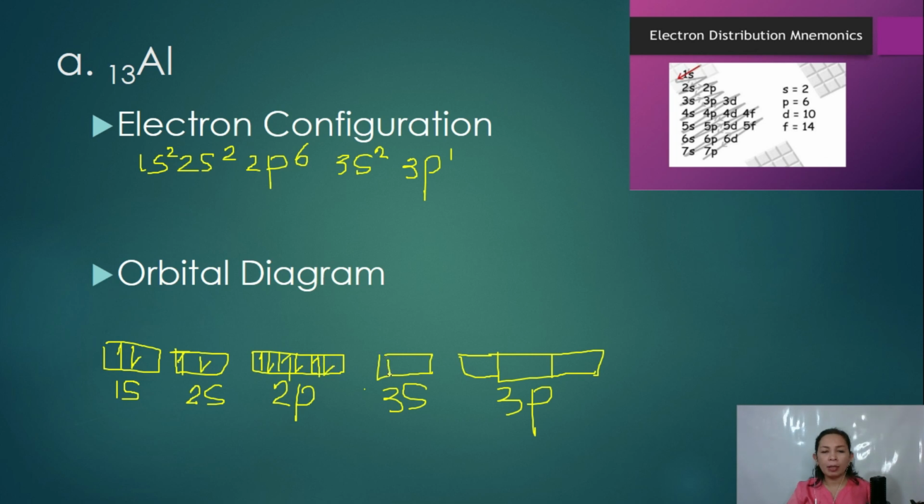And then in 3s, we have 2, and then we only have 1 in 3p, so we have to write it in the first orbital, not in the middle, not in the last. It should be in the first orbital. Okay, so far this is the orbital diagram of aluminum, and this is the electron configuration of aluminum.